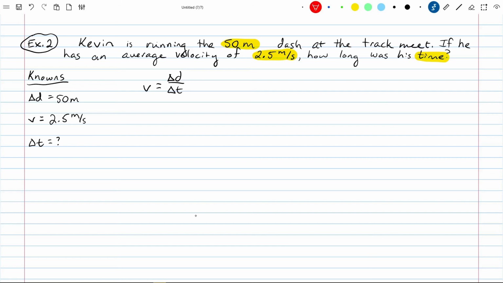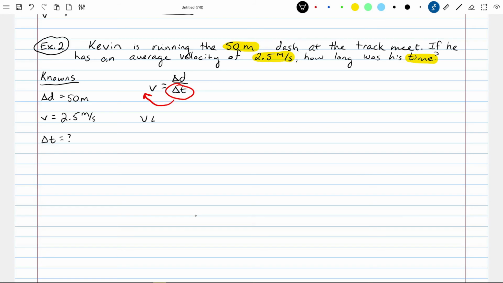I'm going to go ahead and multiply that delta t to the other side and get v delta t equals delta d. It's not quite enough yet because I want that delta t by itself. I'm going to divide by v so that I can get that delta t all by itself. Delta t then equals delta d divided by v.